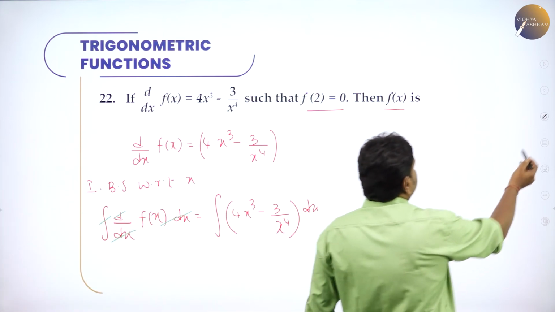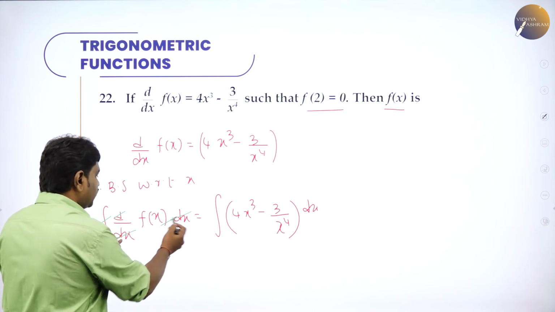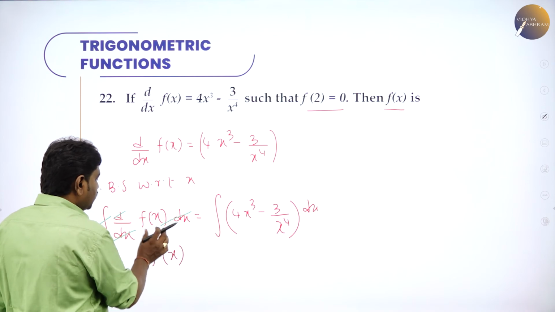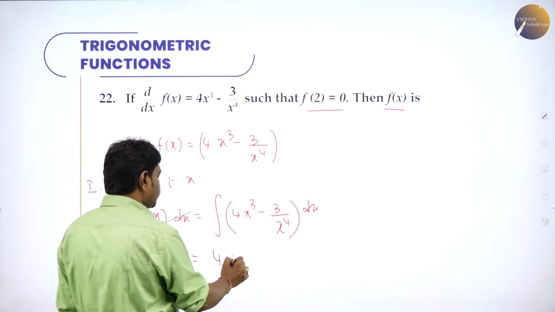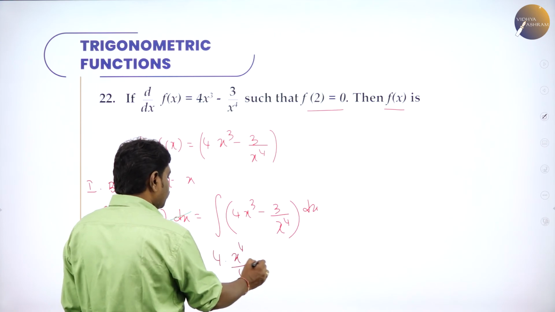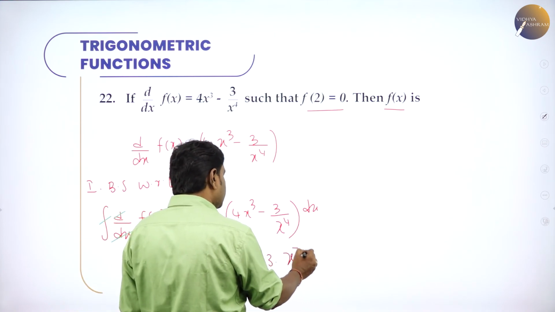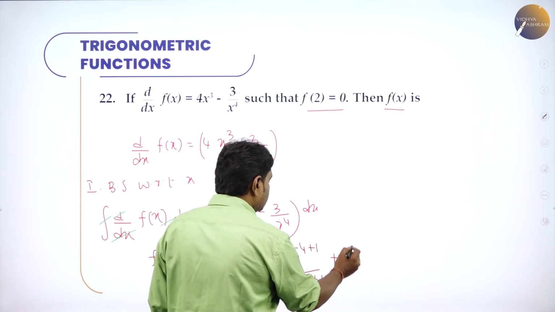So in one step, integration and different dx cancels, integration and derivative cancels, so we are left with f of x. f of x is the integral: 4 is constant, take it out, integration of x cube is x power 4 by 4, minus 3 is constant, take it out, it will become x power minus 4 plus 1 by minus 4 plus 1, plus c.